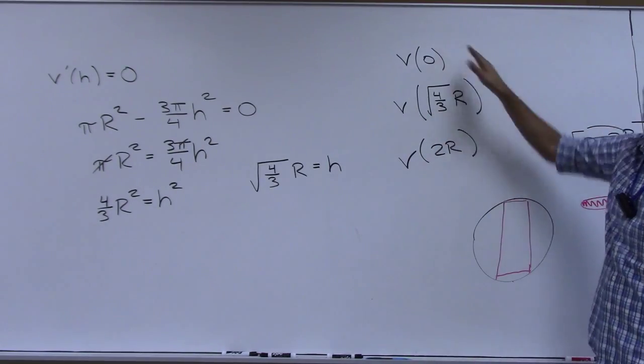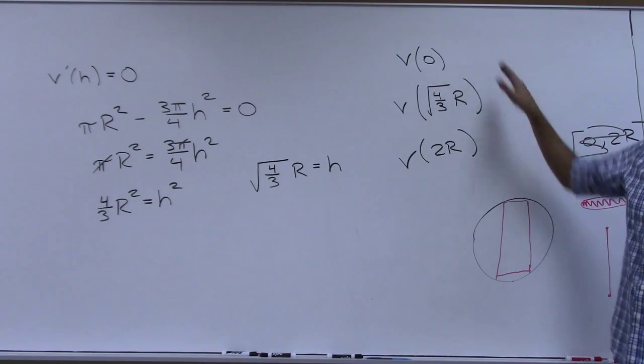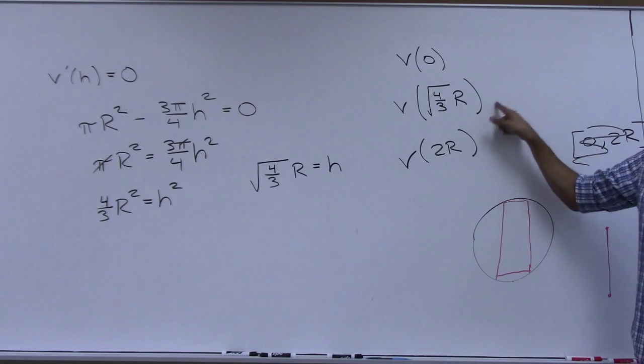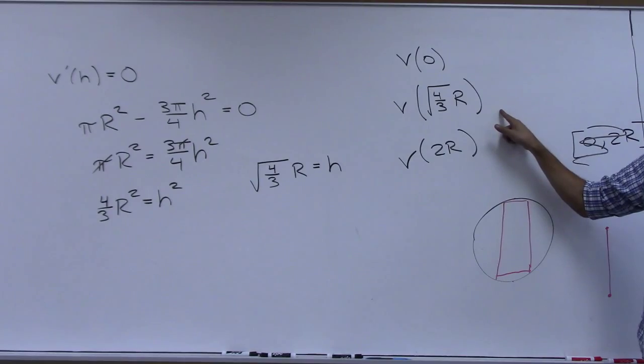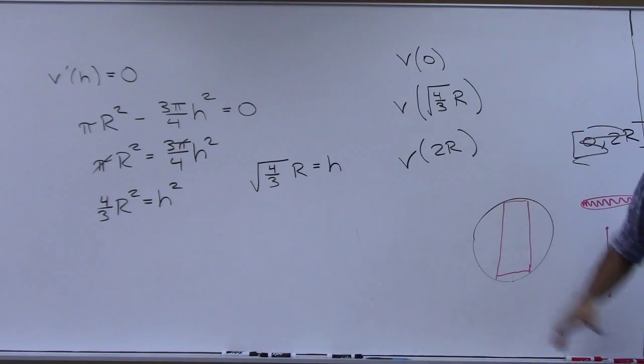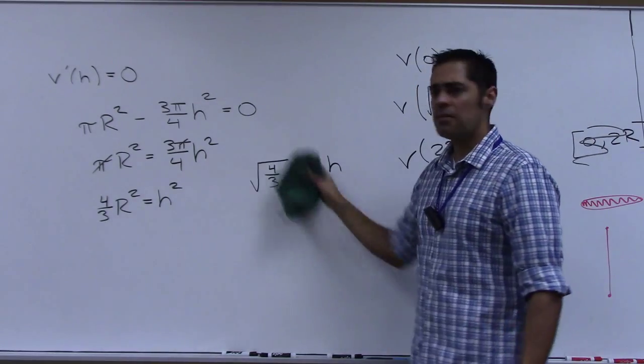I already know what's going to happen here and here. So whatever this answer is going to be is where we have a maximum. Right? So let's plug in. Any questions on how I got this?